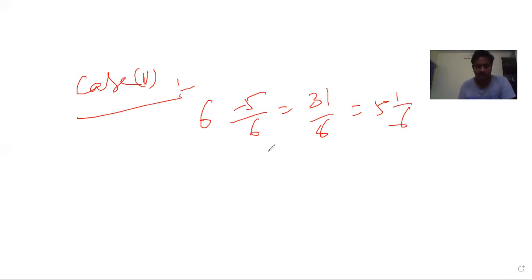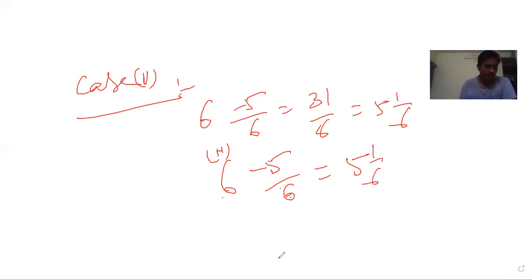In shortcut way, we write it as 6 minus 5/6. For 6, we put 1 as spare, remaining 5. 1 minus 5/6 means simply subtract here: 6 minus 5, 1/6.